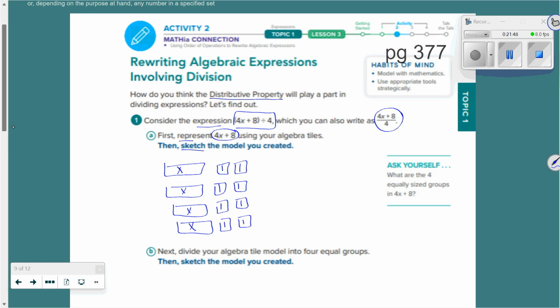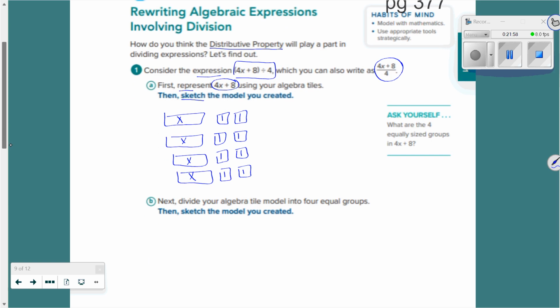This is quite a bit, but once you can visualize it and understand it conceptually, it should make more sense to you. Does everybody agree this representation is the same as 4x plus 8? Okay, so our next step, we need to divide our model into 4 equal groups.